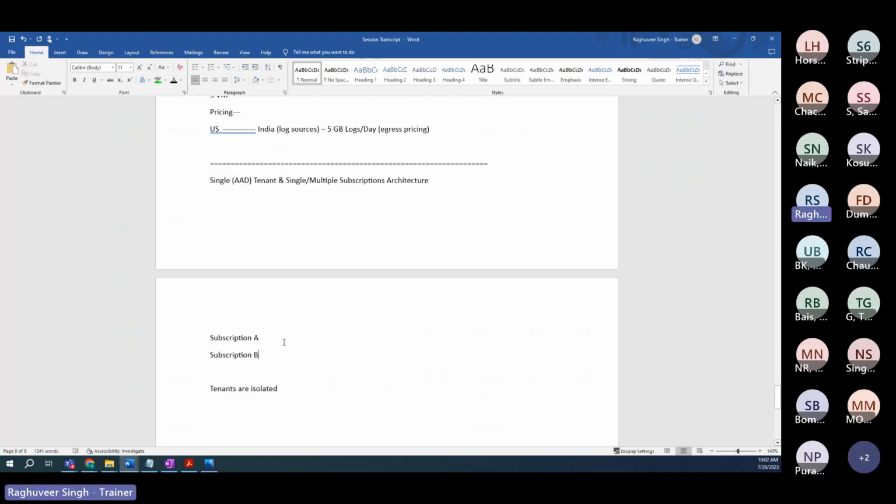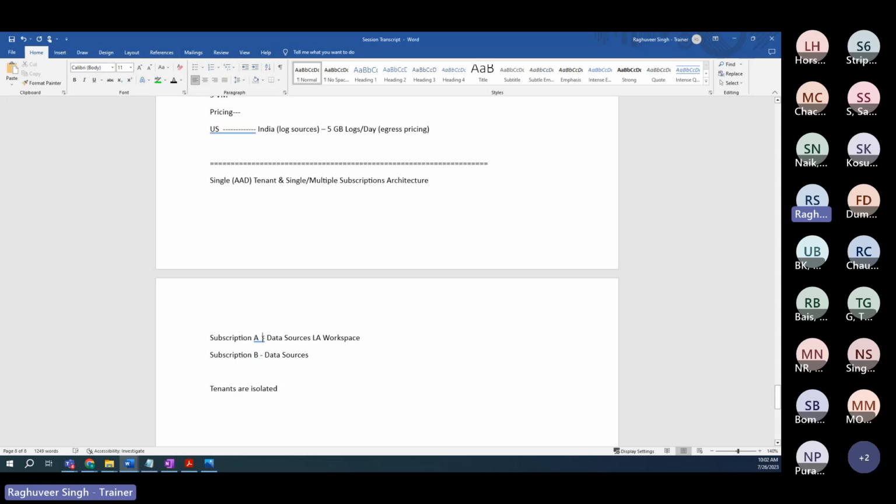in the same tenant. Now I can create a LA workspace in subscription A, and I can have my data source in subscription B also. I'm saying I have two subscriptions, which means I have data sources in both the subscriptions that I want to monitor. Let's say virtual machines in both the subscriptions that I want to monitor for event and syslog.